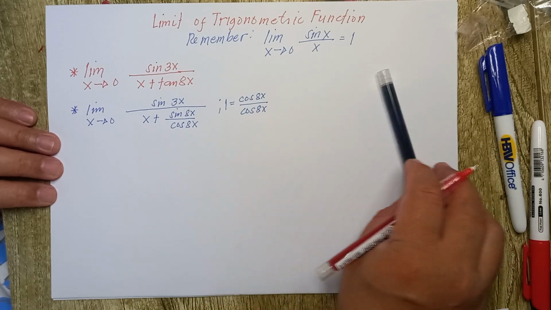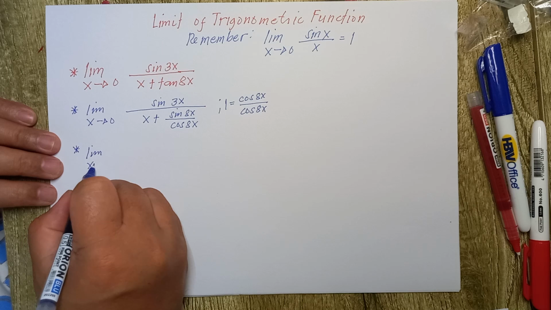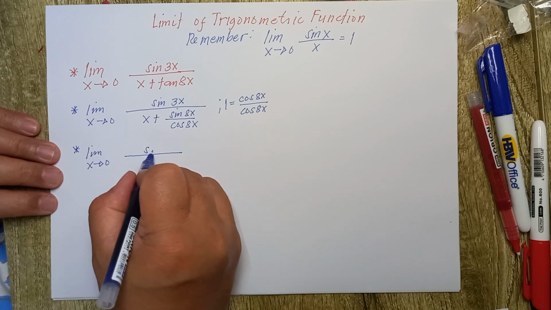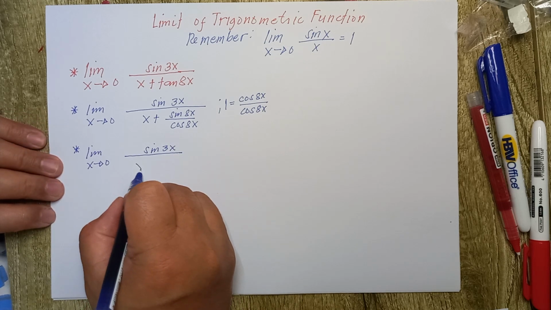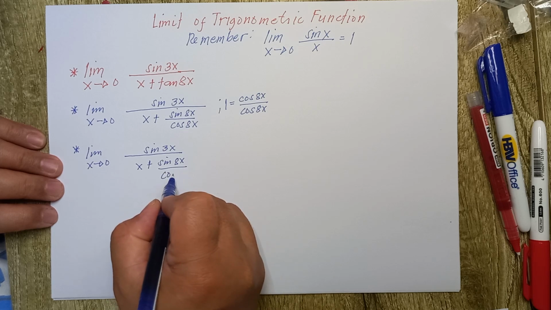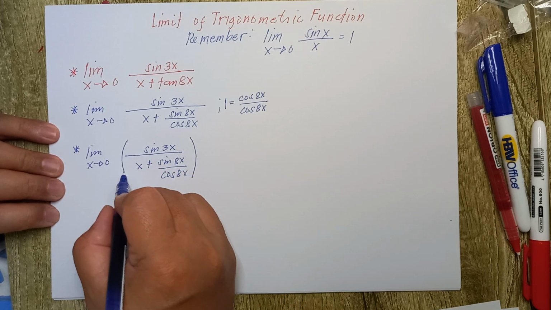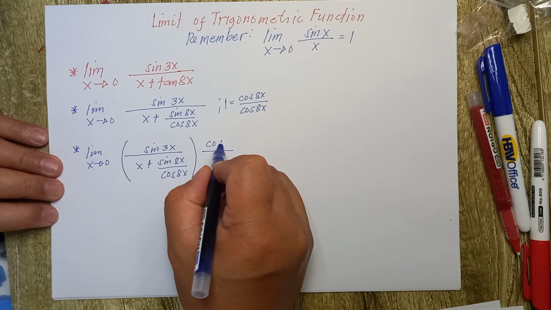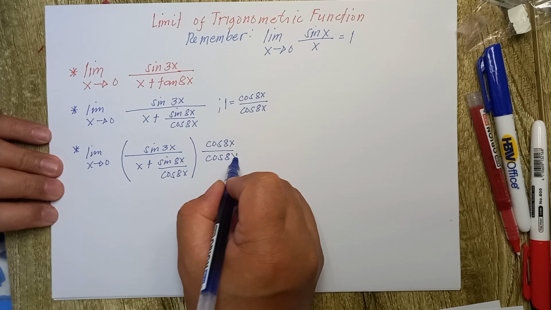So with that, we can now have another equation by saying the limit as x is approaching 0 of sine 3x over x plus sine 8x over cosine 8x, now multiplied by our multiplier, 1, that is cosine 8x over cosine 8x.